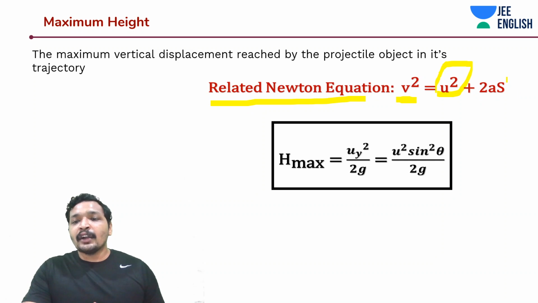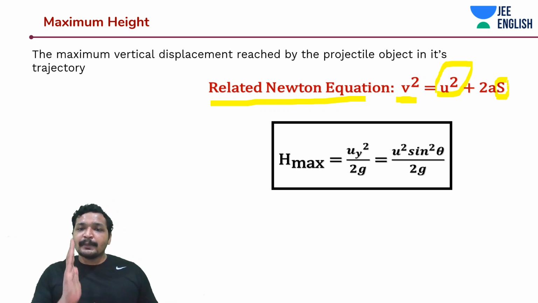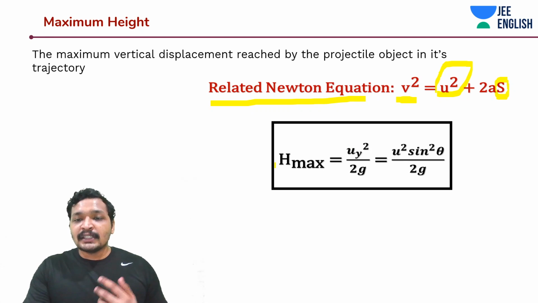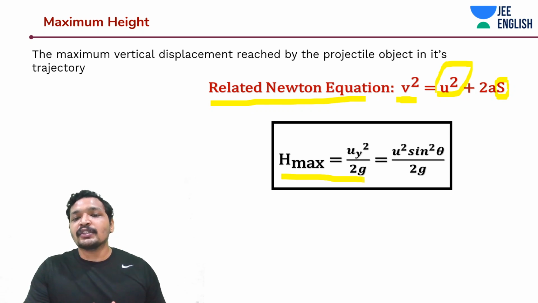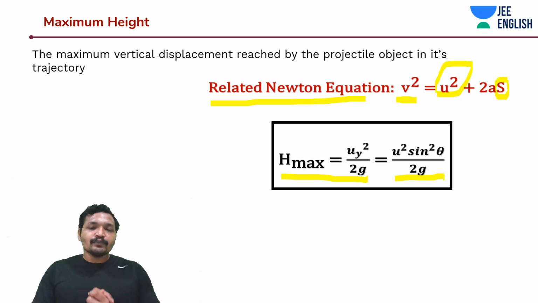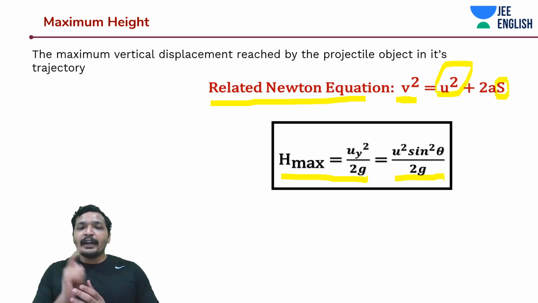And what we need to find out is the displacement along the y-axis. By substituting the final velocity v equal to 0 along the y-axis, we get that h max is equal to uy squared by 2g, which is nothing but u squared sin squared theta by 2g. So guys, how do you derive the maximum height? You find that point where the y velocity becomes 0.